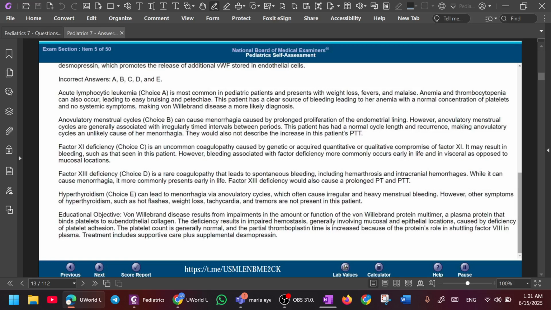Bleeding time, I'm guessing, will be increased because there's an issue with platelets. Platelet count will be decreased. PT and PTT would be normal. Yes, it is normal.